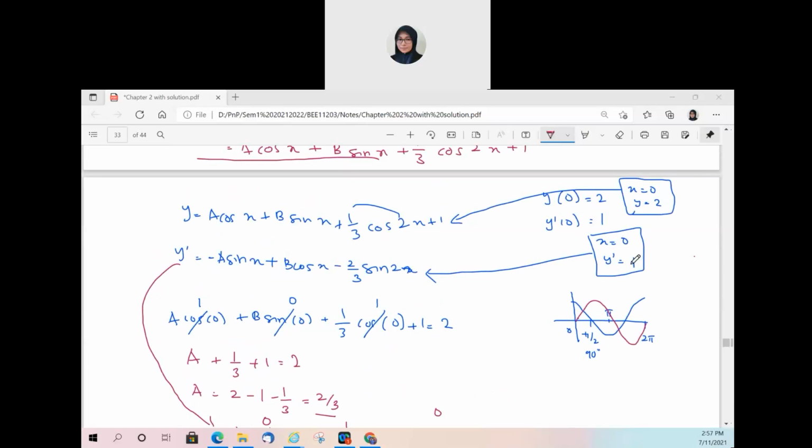Kan sepatutnya ada 1/3 cos 2x kan? 2x, 2 kali kosong. Oh, doktor terus kosongkan je lah. Okay. Kan x nilai dia kosong kan? Okay. Betul. So 2 kali kosong you dapat kosong juga. Okay. Ada soalan lagi? Tak ada.